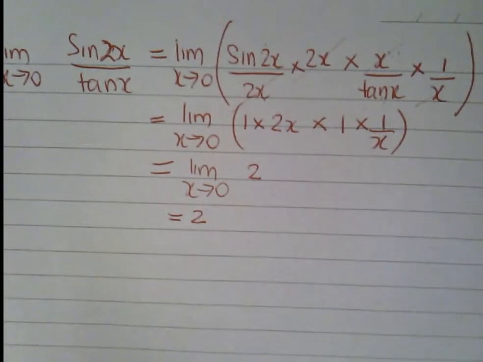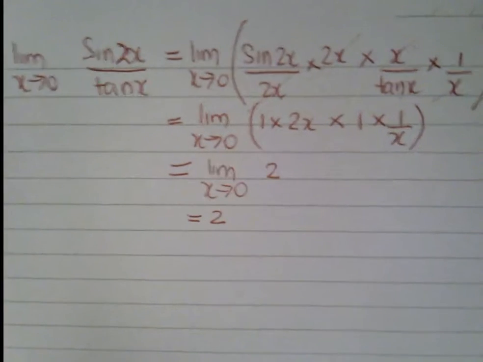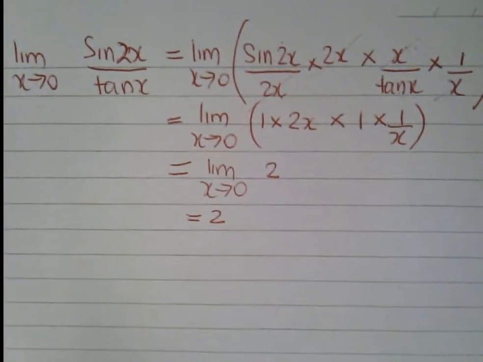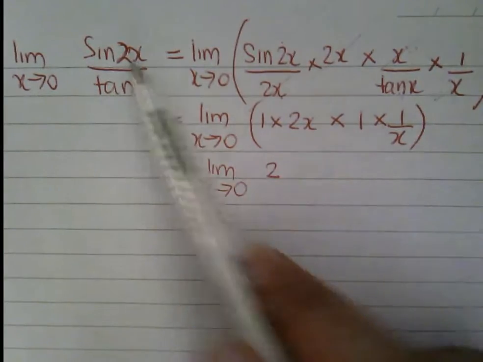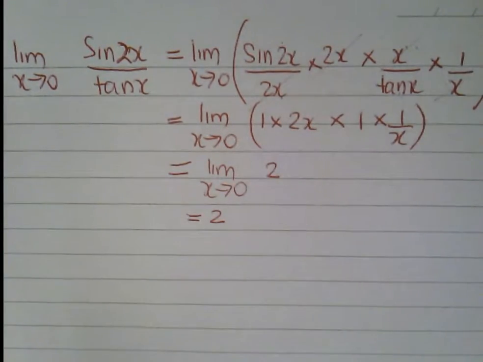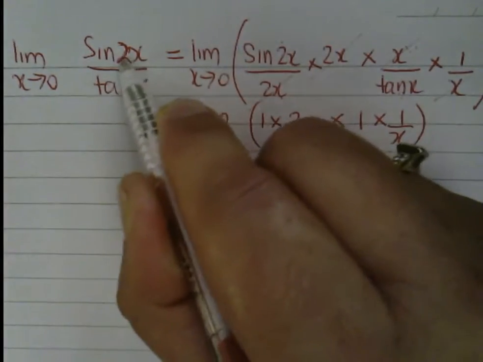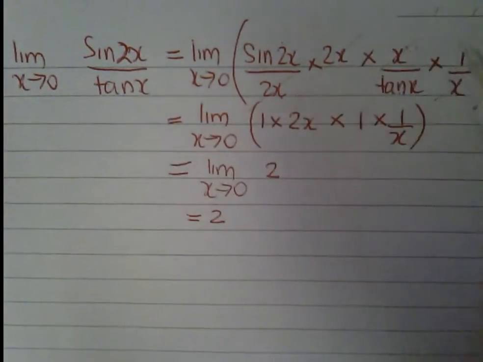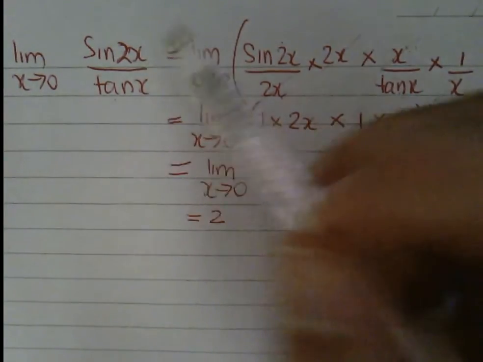All right? If, let's say you got this exam question, you had no idea what to do. You forgot how to do this. You know what you can do? Go into radians mode. And this is also to check your answer. But you can go, x is 0.1 radian. And now you could go sine of 2 times 0.1. Isn't that sine of 0.2 over tan of 0.1?